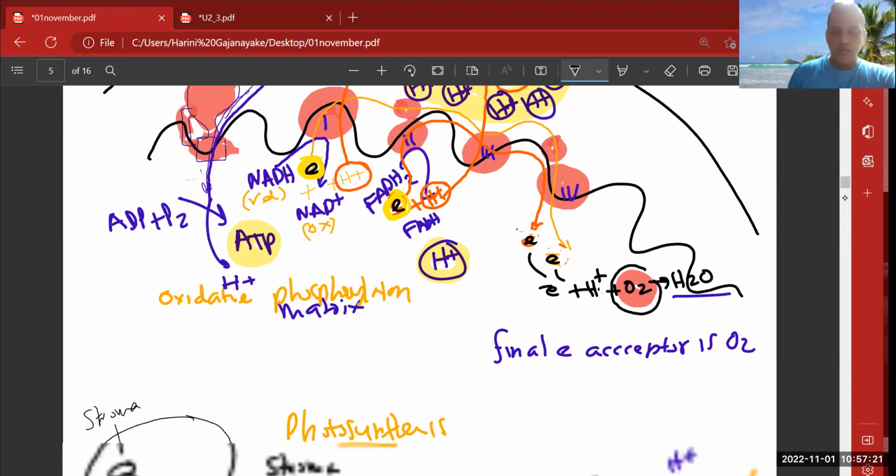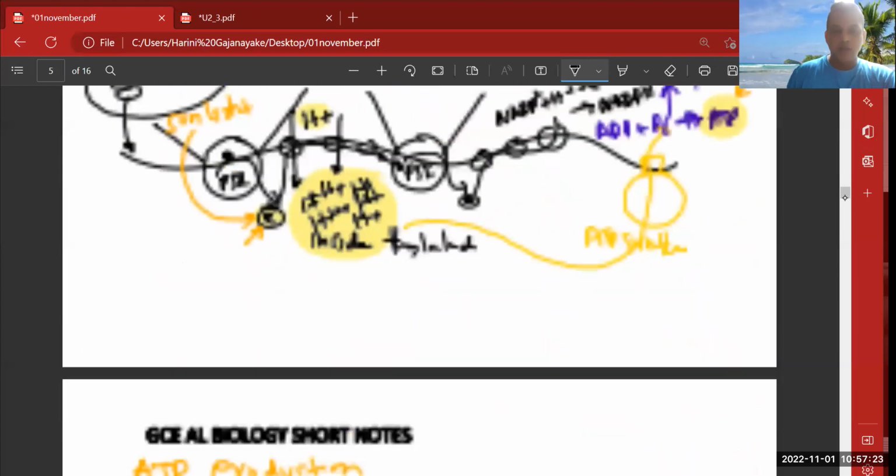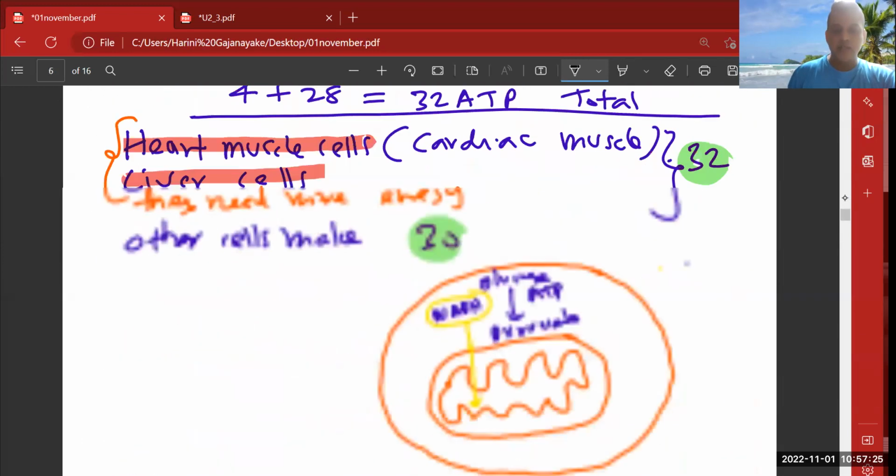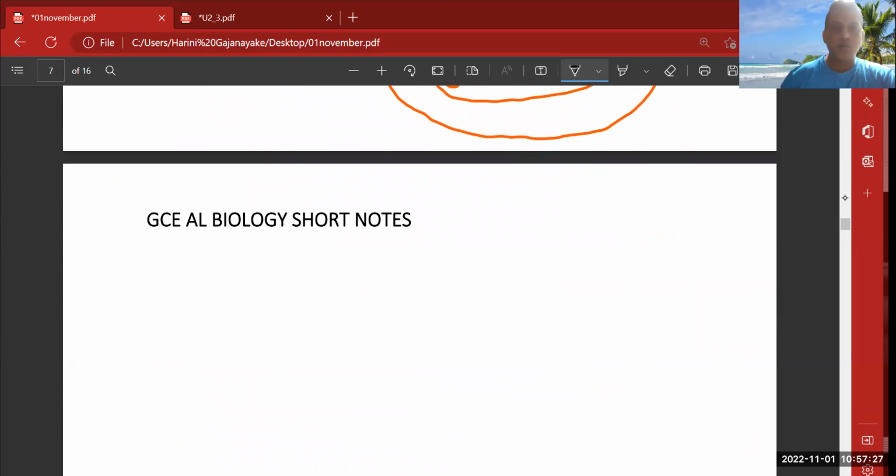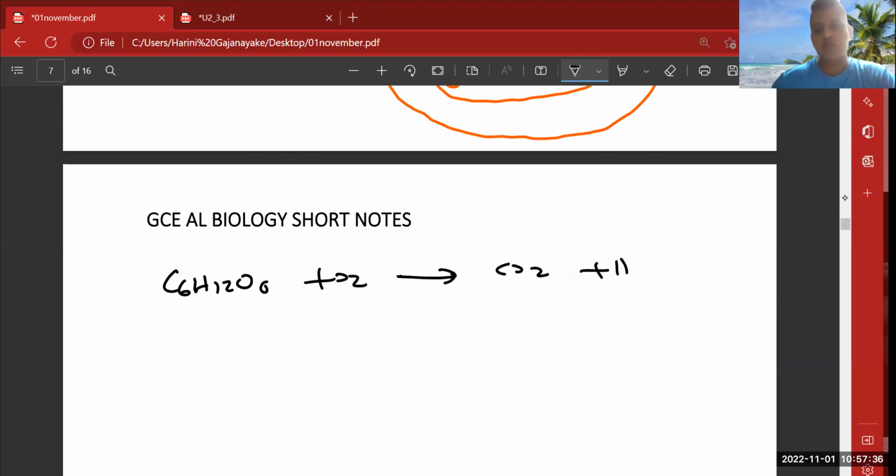So now you can understand. We learned aerobic respiration is glucose and oxygen giving carbon dioxide, water, and energy, with 6 and 6.